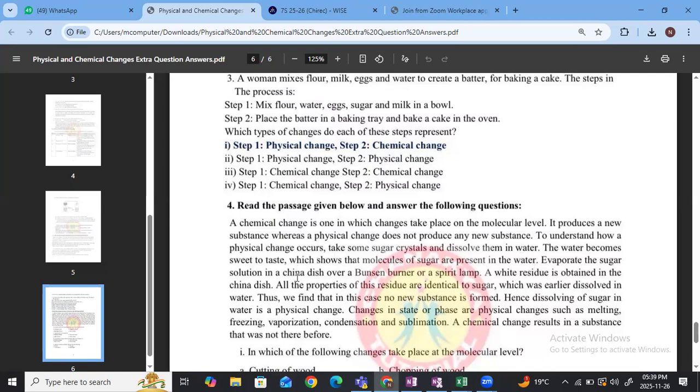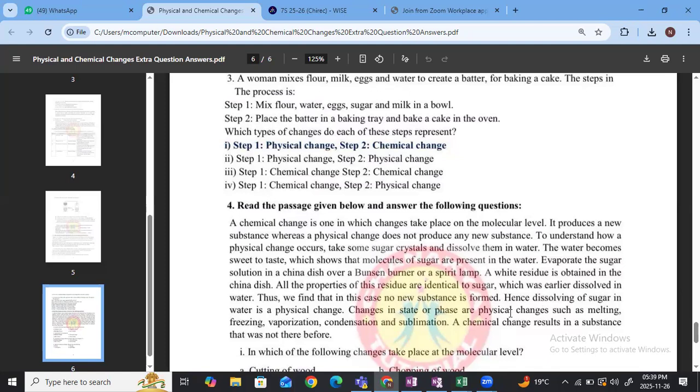Evaporate the sugar solution in a china dish over a Bunsen burner or a spirit lamp. A white residue is obtained in the china dish. All the properties of this residue are identical to sugar which was earlier dissolved in water. Thus, we find that in this case no new substance is formed. Hence, dissolving of sugar in water is a physical change.